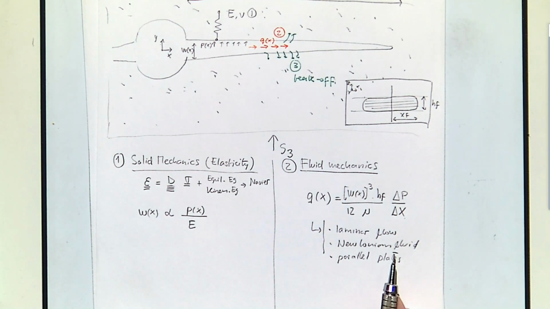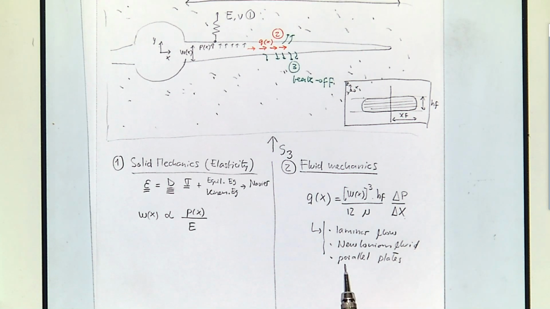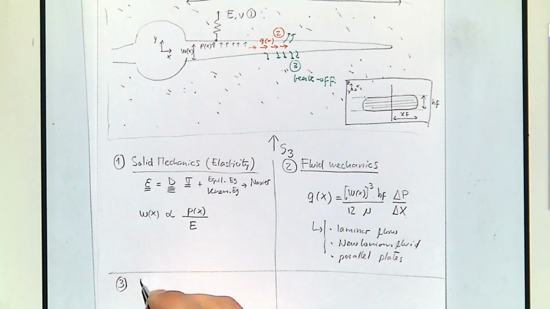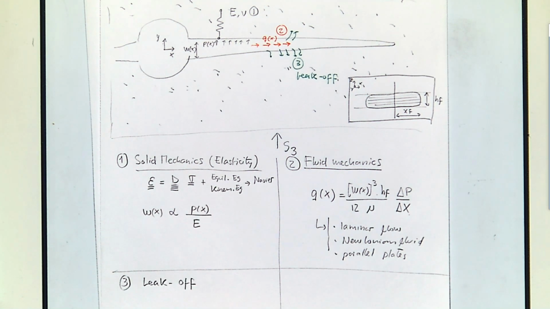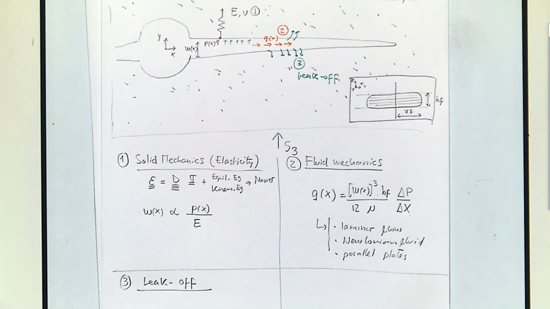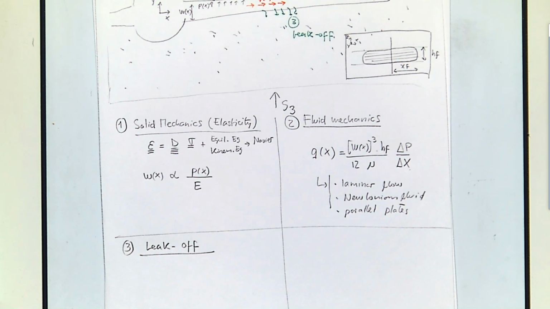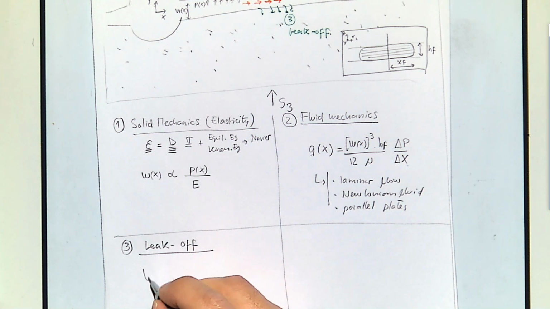We know how much fluid can go through that. And the third thing that we saw over there was leak off. We also need to take that into account in the material balance of fracture propagation, because not all the fluid is going to go into the fracture. Some of the fluid is going to go into the rock.